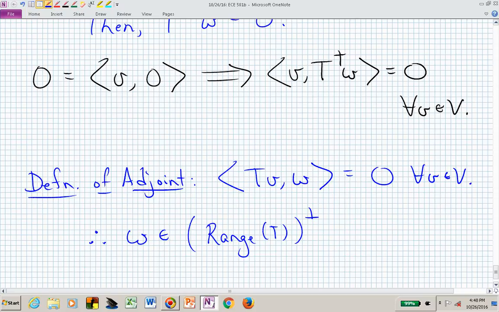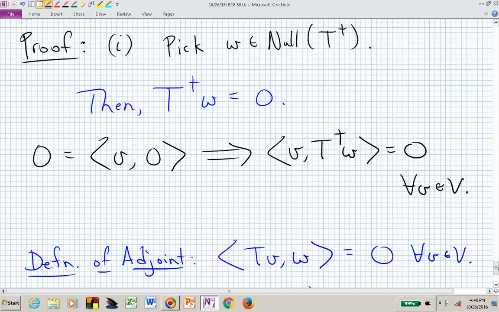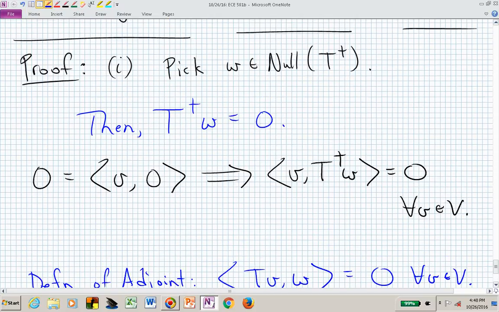Is that clear? So the first slot says we're finding the entire range space of the linear map T, but that inner product tells us that W is orthogonal to that, meaning W is an element of the orthogonal complement of the range of T, because it's producing 0 for the inner product. And now we just have to remember what we assumed initially for W. W, we said, was in the null space of T dagger.